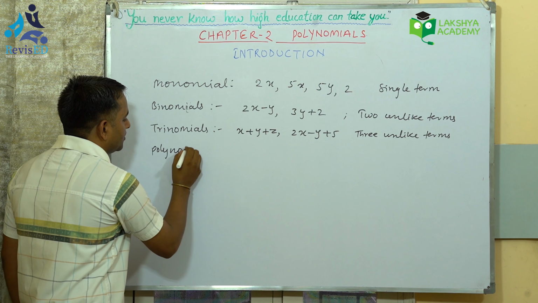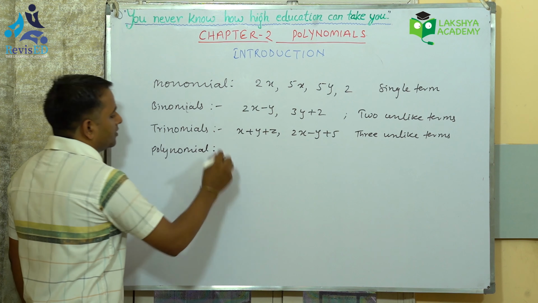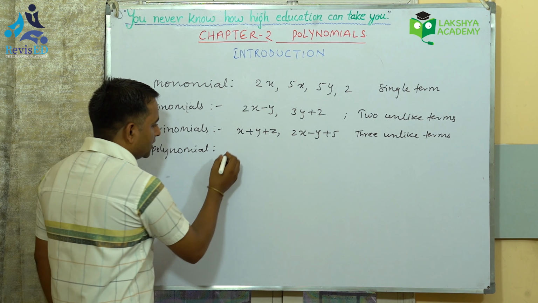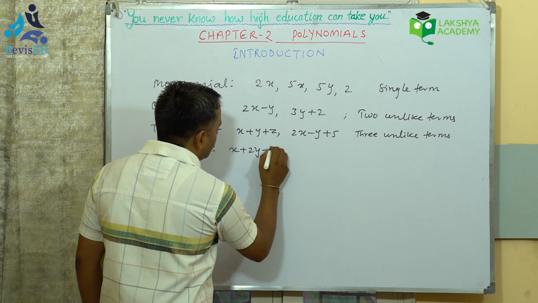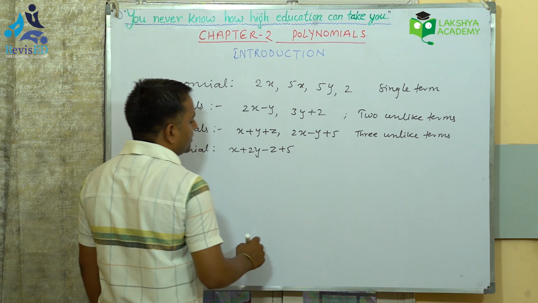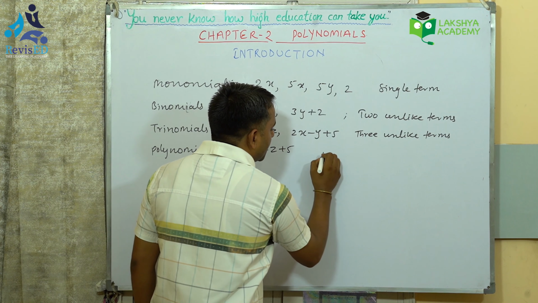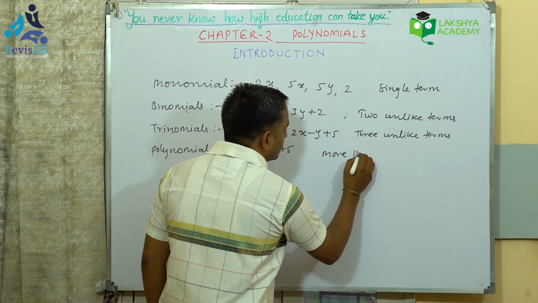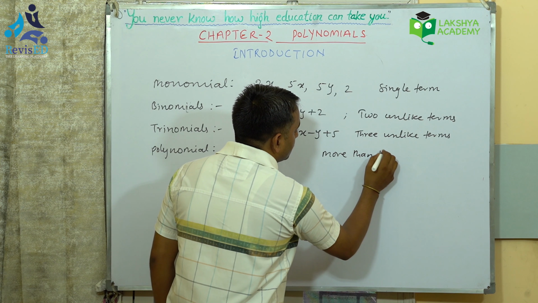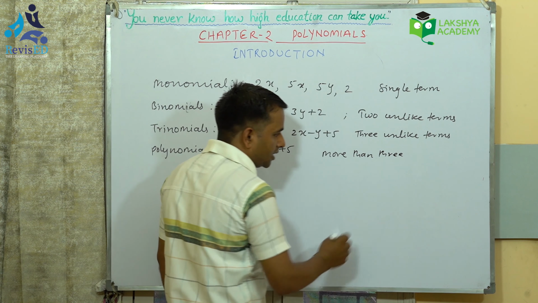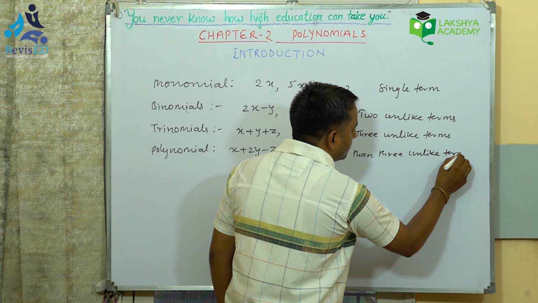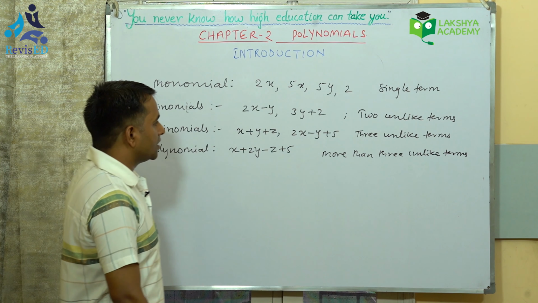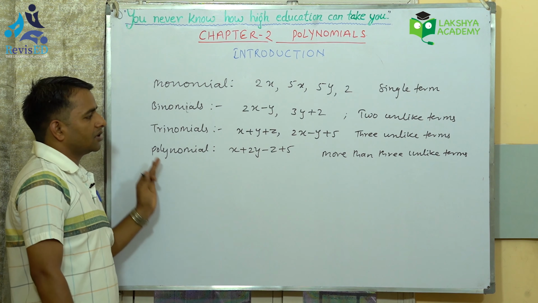Polynomials means they are having many terms. Say if I say x plus 2y minus z plus 5, so on. So they are having more than 3 unlike terms. So this is the basic division on the basis of the number of the terms.